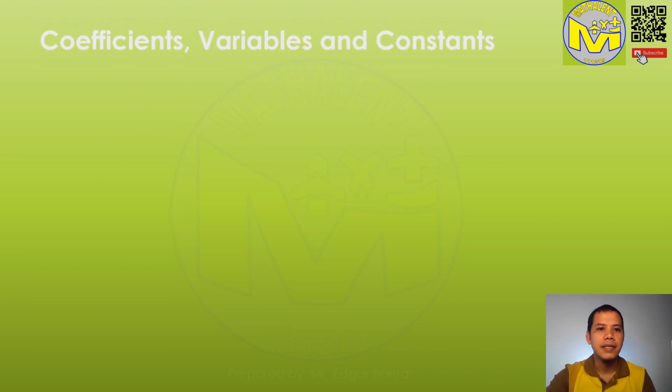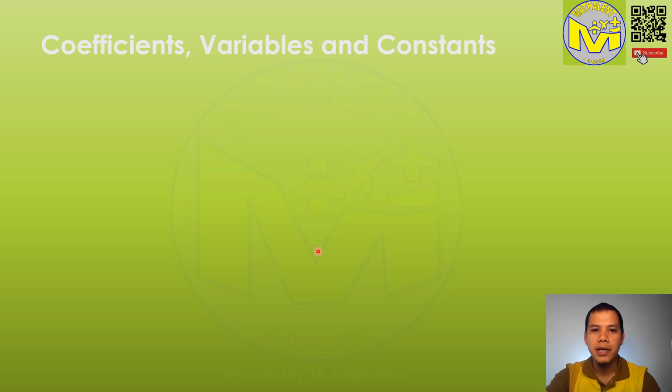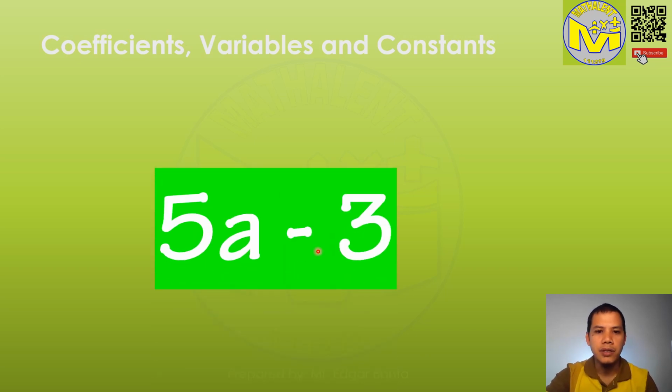Okay, in this slide, I will show you an algebraic expression, 5a minus 3. This is an expression. In the past lesson, we identified the variables and the constants. Today we added coefficients. Okay.